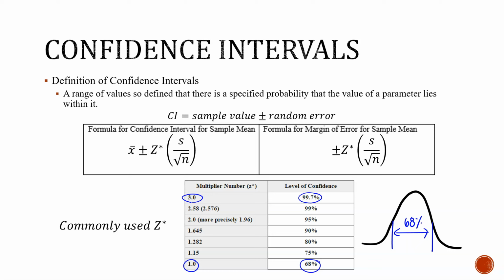If we wanted a 99.7 level of confidence, we would use a z-crit of 3.0, which again was capturing 3 standard deviations above and below the mean. The most commonly used z-crit, and the one we're going to use for the purposes of this class, would be a 95% level of confidence, which is a z-crit value of 1.96.